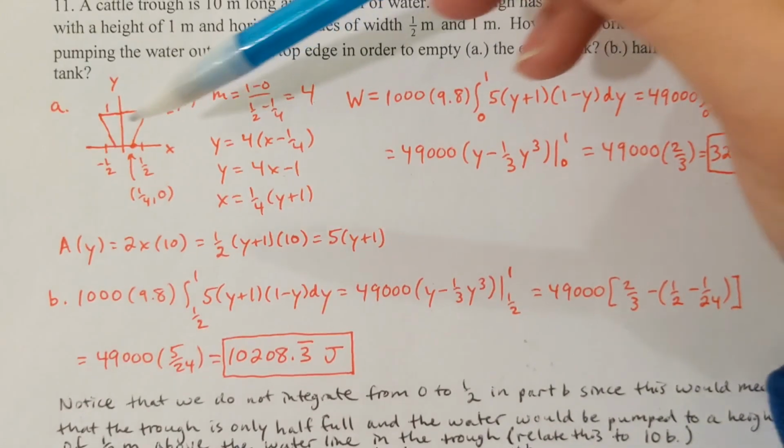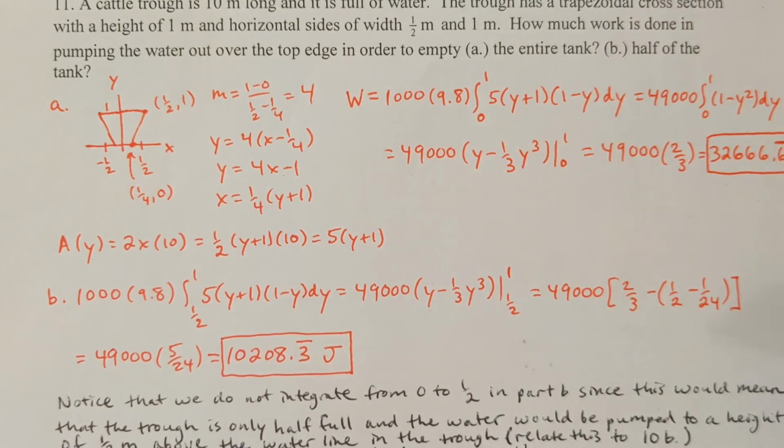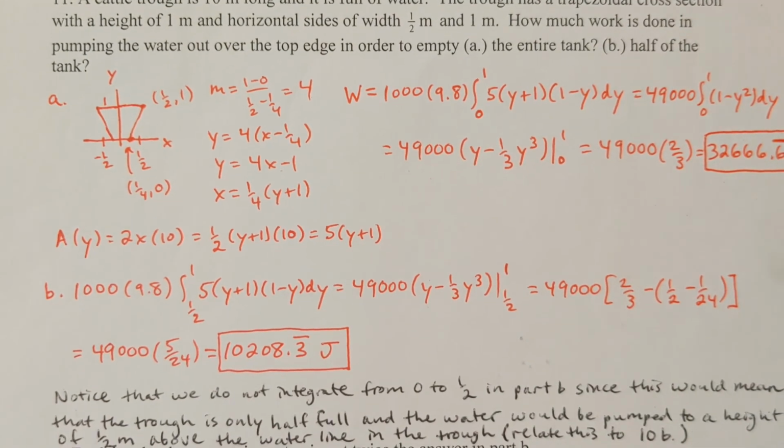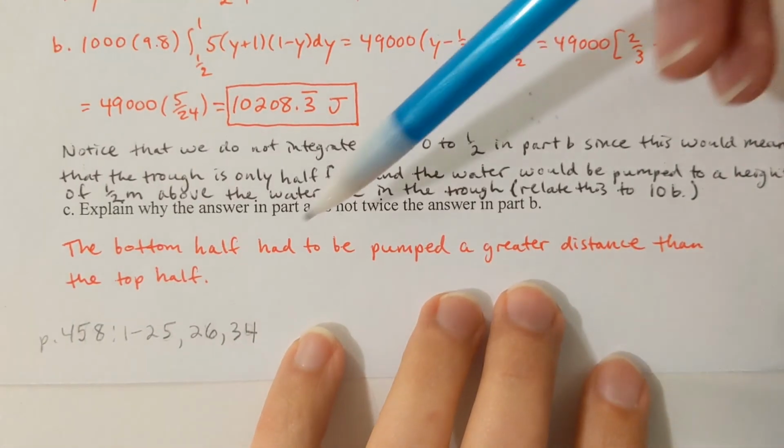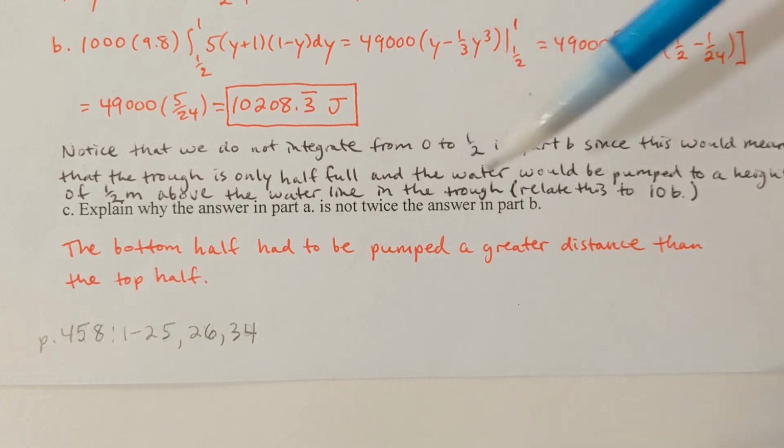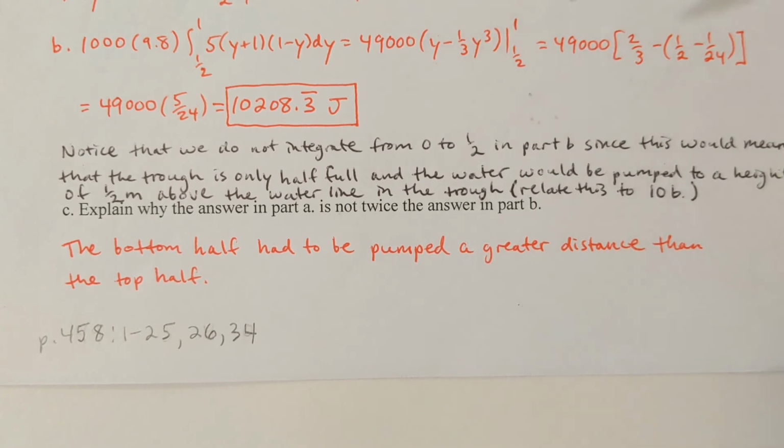By the way, the shape of the tank is somewhat relevant to what we're doing, but if I had a rectangular face, there would still be more work in pumping the bottom half than the top half, because the discs would have to travel larger distances in the bottom half.